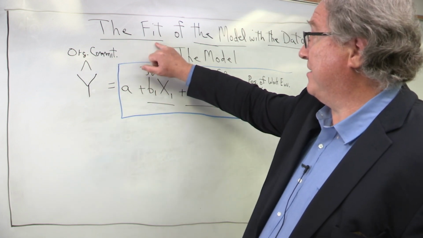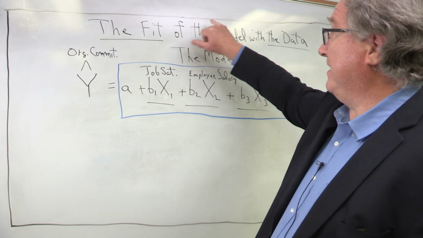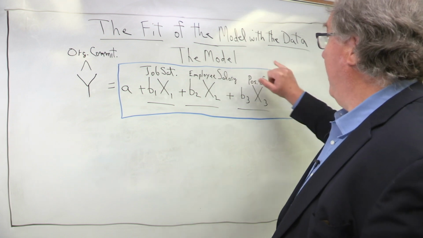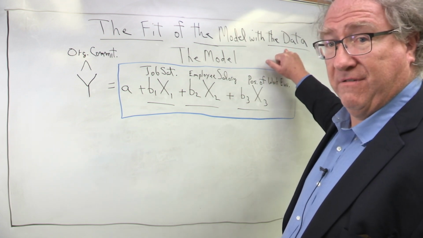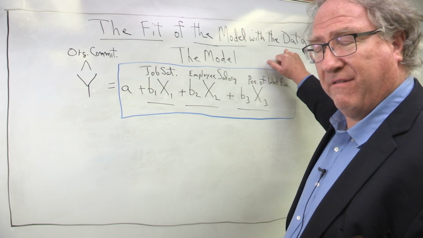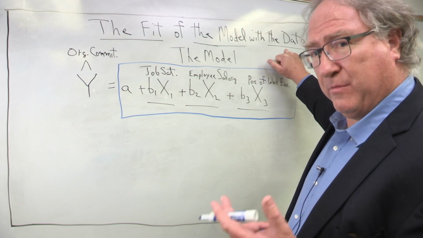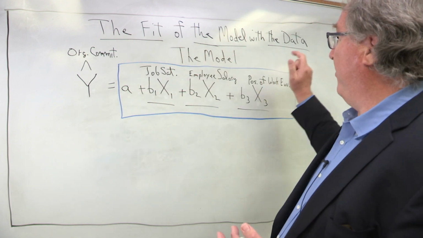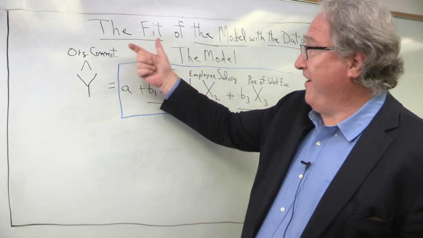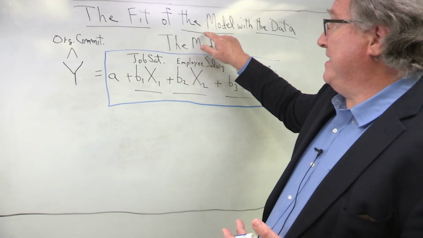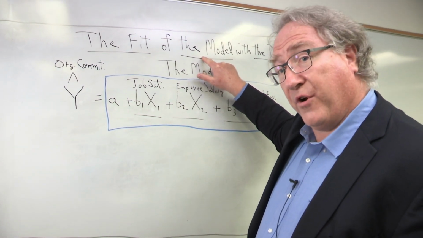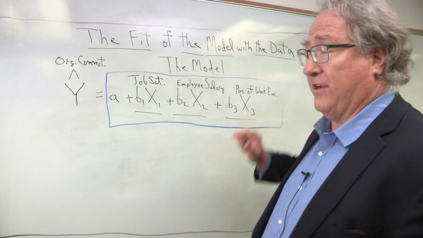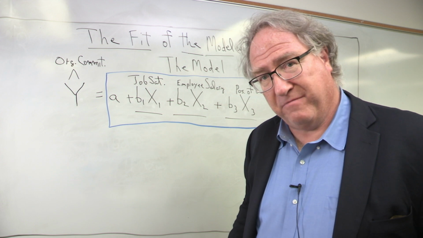It's saying the fit of the predicted values on the outcome variable measure from the model with the actual observed values on the outcome variable measure. All right? So now we're giving some substance to this phrase, the fit of the model with the data. We're talking about the fit of the predicted values on the outcome variable measure from the model with the actual observed values on the outcome variable measure.